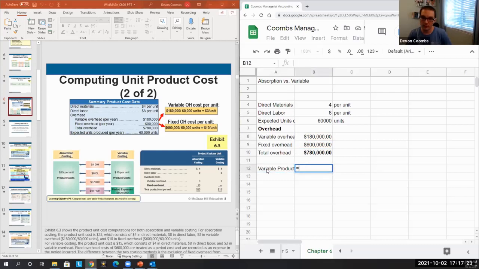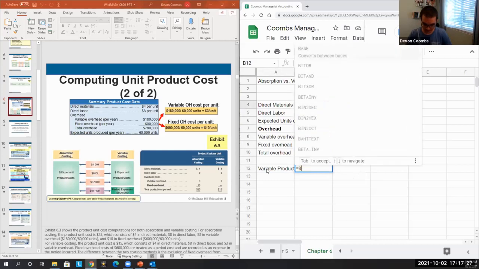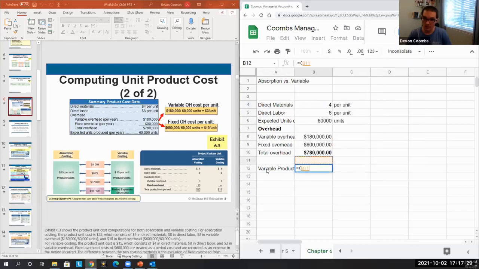We know the total variable product costs equal 4 plus 8 times the 60,000 plus our variable overhead. That's our real variable costs at that production level.